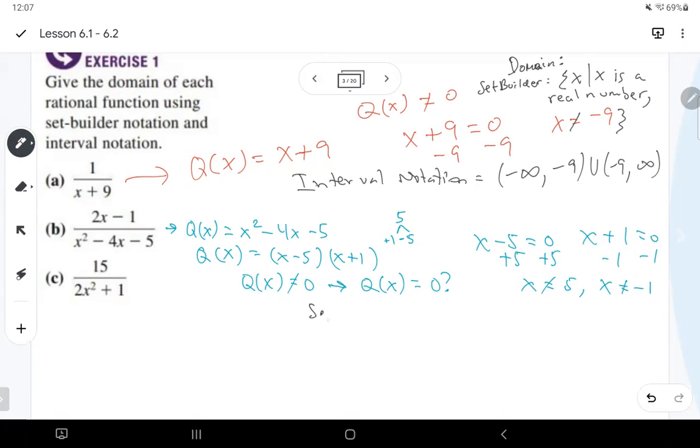Set builder: same as before. x such that x is a real number, but x cannot equal 5 or -1. Let's put the -1 first.